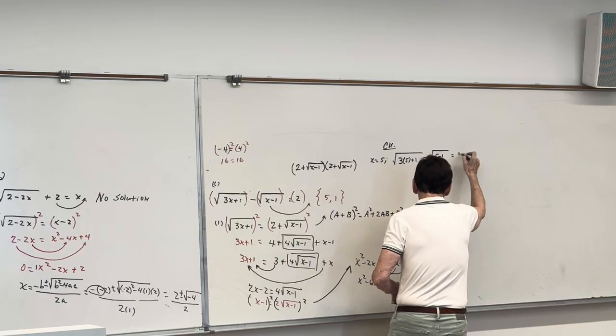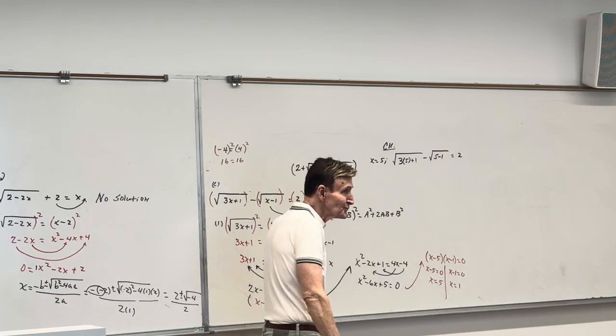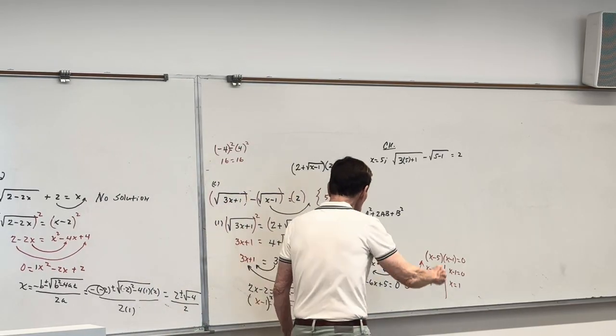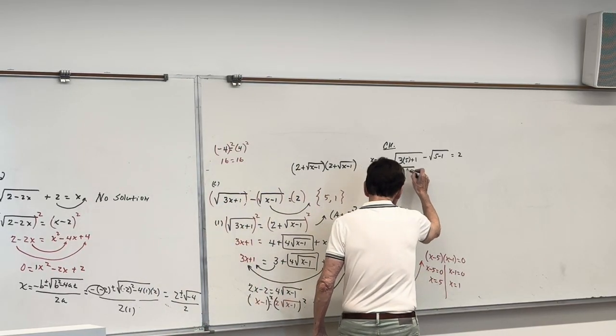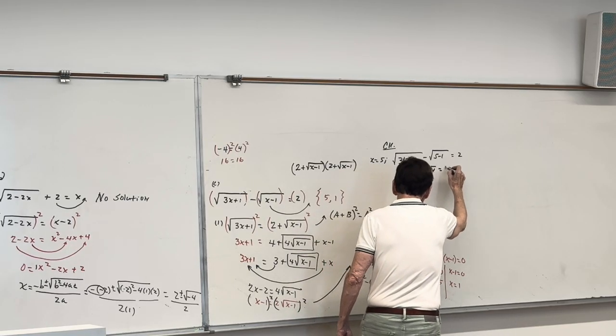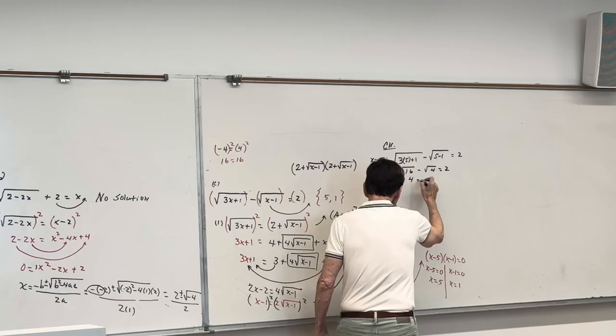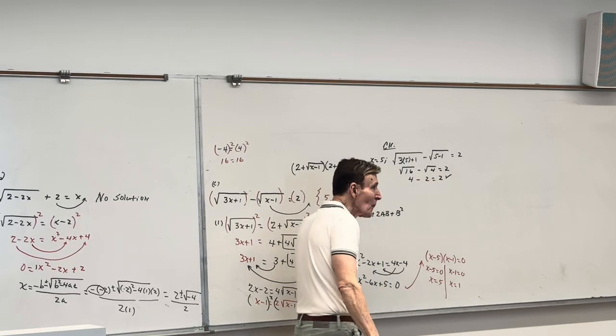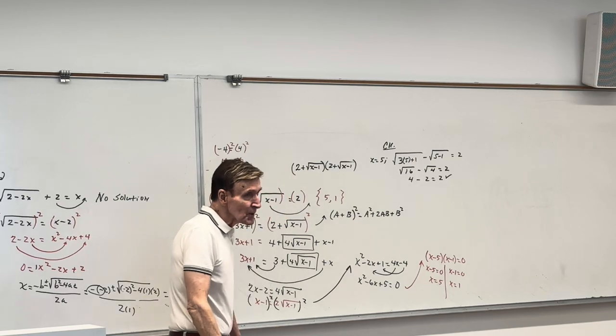I'm hoping that will give me a 2. If not, I have to reject that number. Guys, I think this is square root of 16, subtract square root of 4. I think this is 4 subtract 2. Check. So the 5 is an answer.